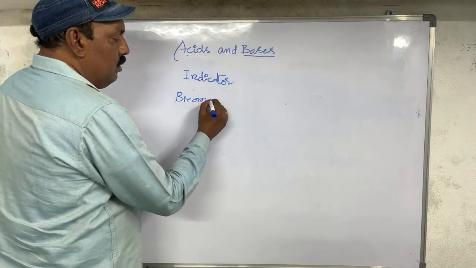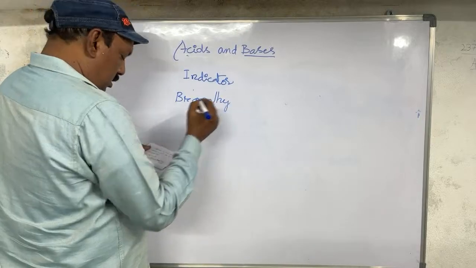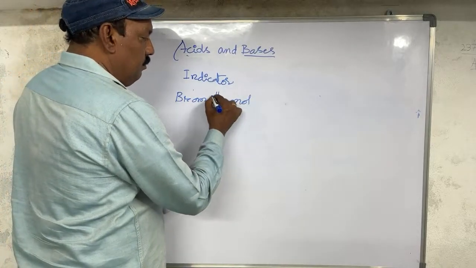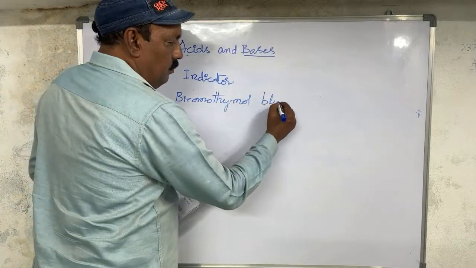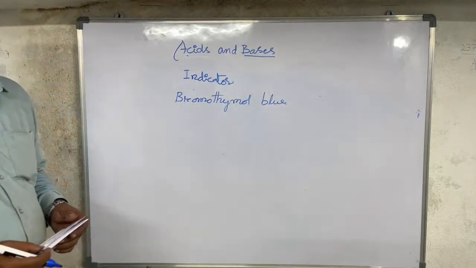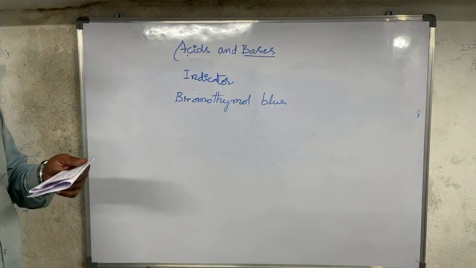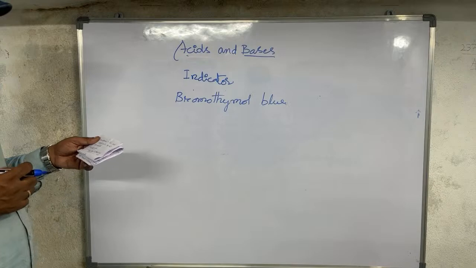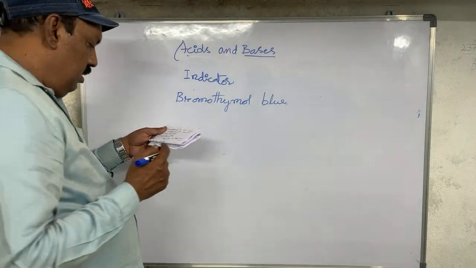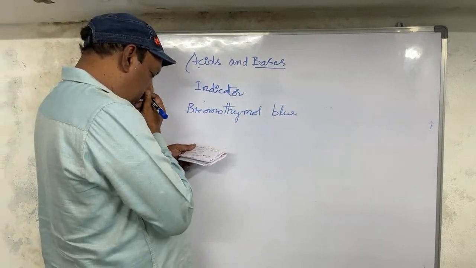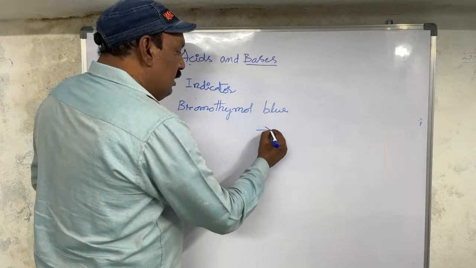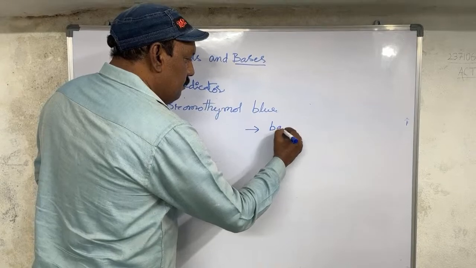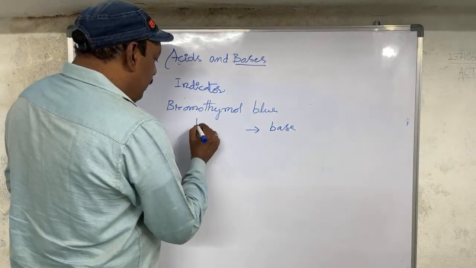Bromothymol blue. This is a very important indicator, bromothymol blue. Whenever we add this indicator to the base, it will give completely blue color.